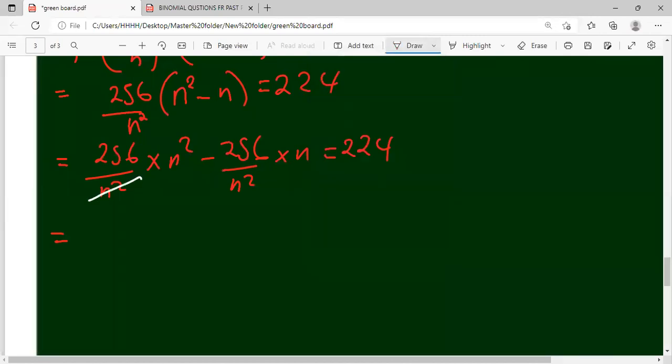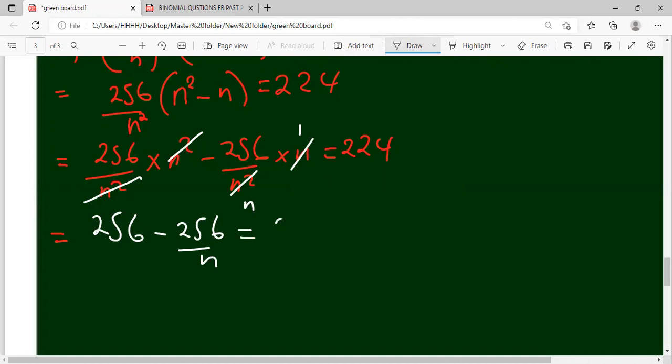So n squared and n squared will divide. So I've got 256, n into n is 1, so it will be n. We have got minus 256 over n is equal to 224.